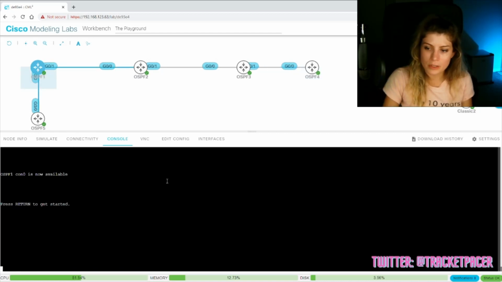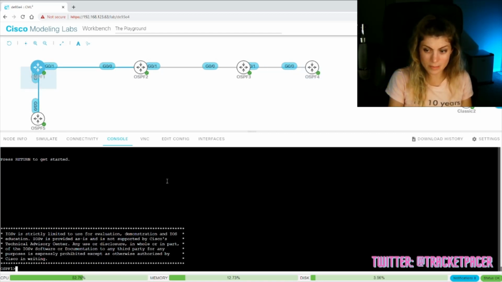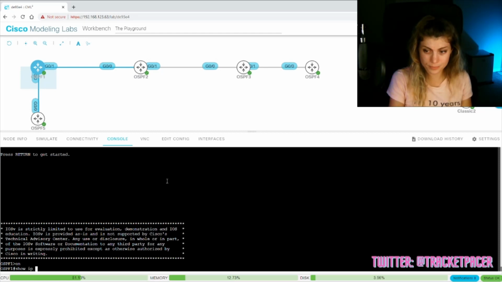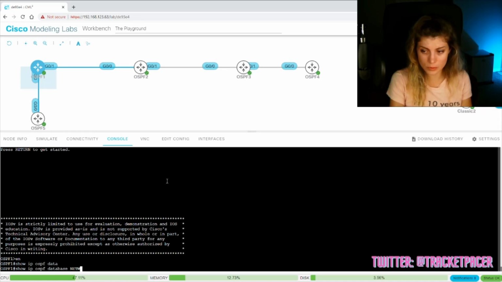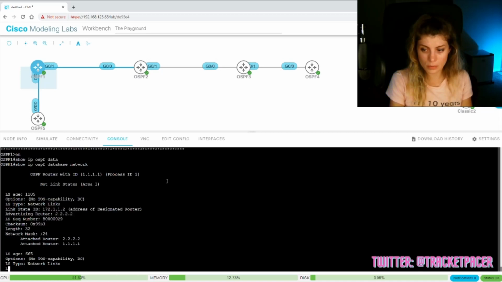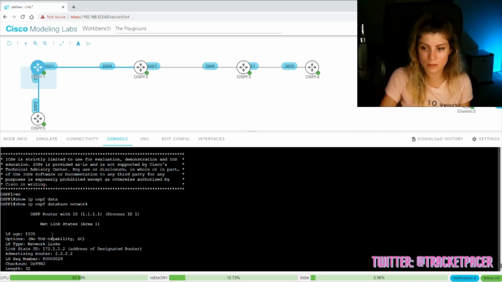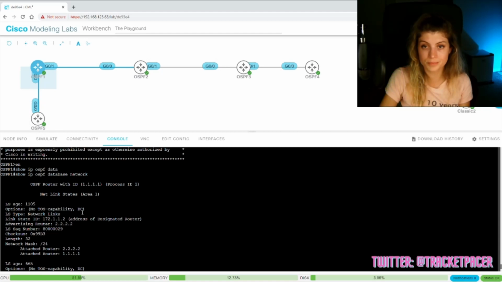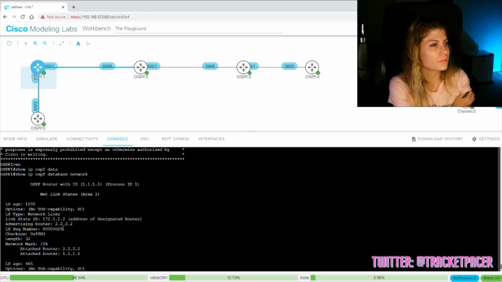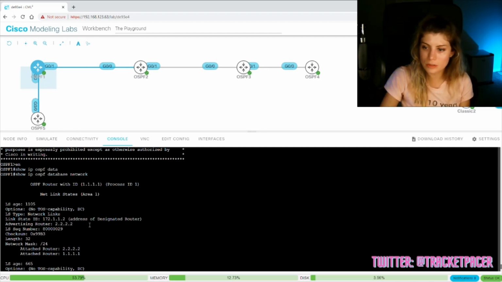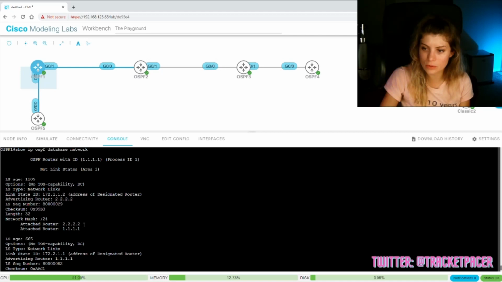But I bet if I go over here to OSPF 1, where I didn't make anything a point-to-point network, I bet we'll see something. Yeah, so this one does have network LSAs because there is a DR on this segment. The DR always advertises the type 2 LSA and identifies all the routers attached to that network segment. I'm pretty sure OSPF 1 is a BDR.